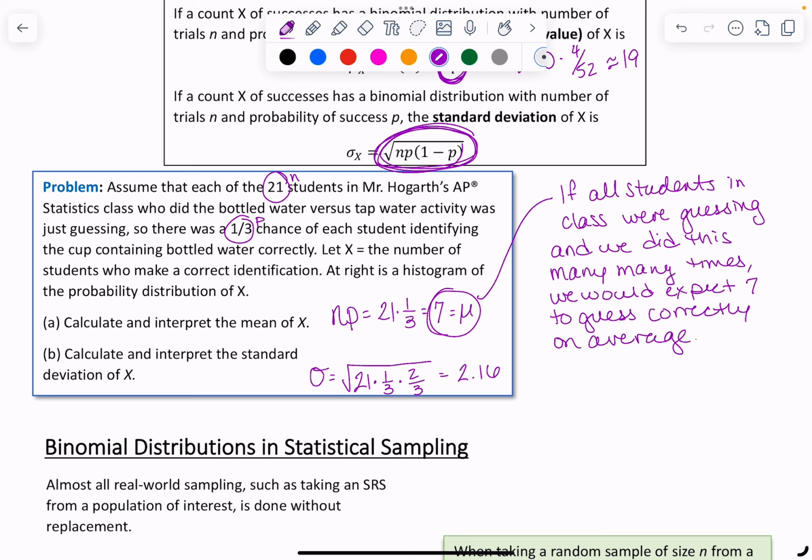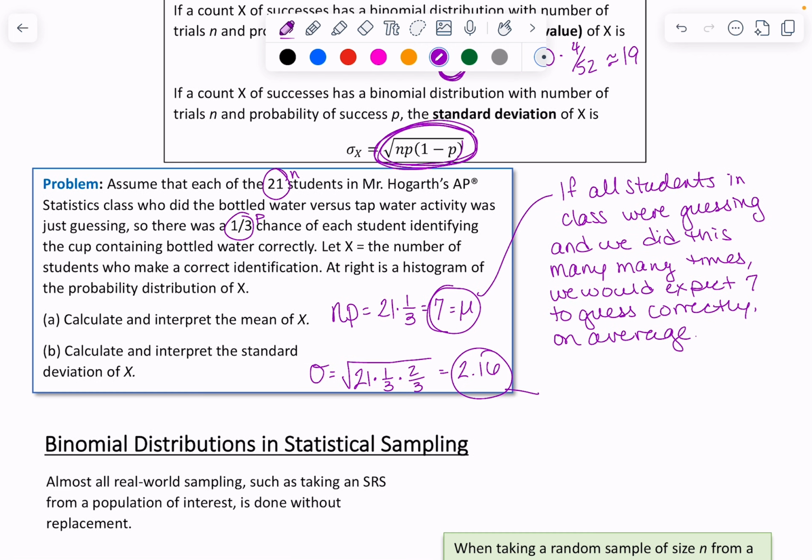For this 2.16, my standard deviation, if they were just guessing and they repeated this activity many, many times, the number who guessed correctly would typically vary by 2.16 from our mean.